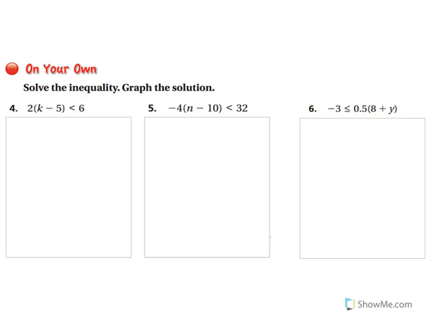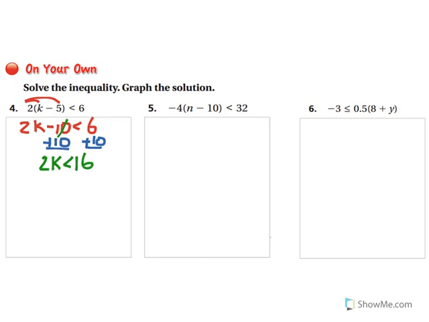All right, so we're going to first distribute. Get that out of the way. So I'm going to have 2k minus 10 is less than 6. And I can undo the subtracting of 10 by adding 10 to both sides, giving me 2k is less than 16.